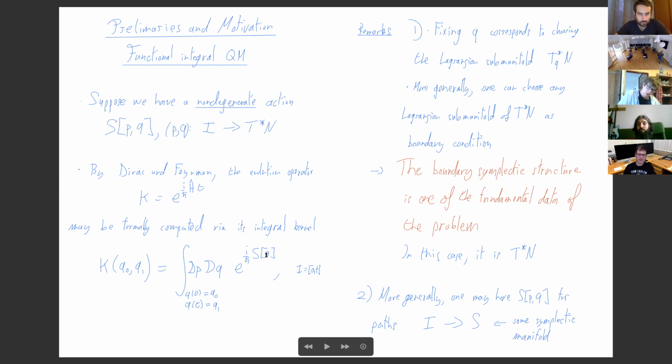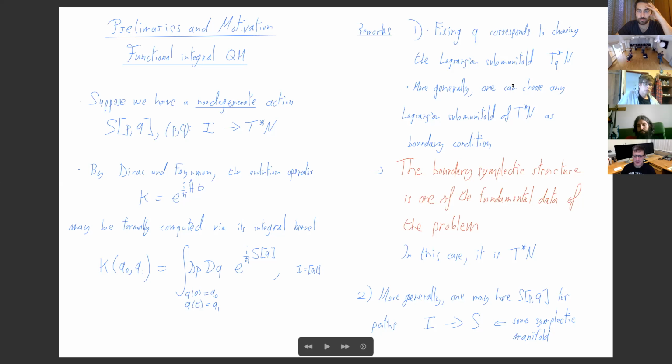That is, you find a critical point, and then you formally expand around some Gaussian, and everything is expanded in terms of Feynman diagrams. This formal expansion, which becomes a formal power series in h bar, gives the asymptotics of this integral kernel when it is somehow defined in some other way. Otherwise, in quantum field theory, it is what you use to define this integration, or at least one way to define it.